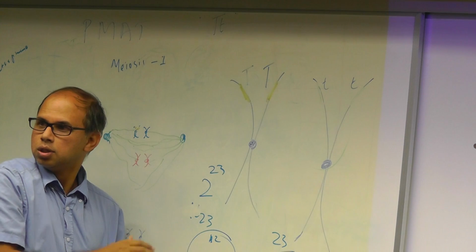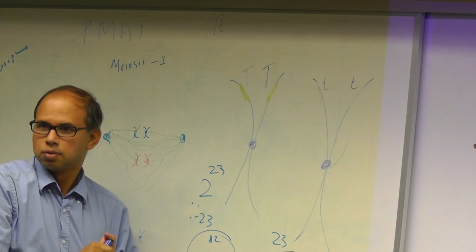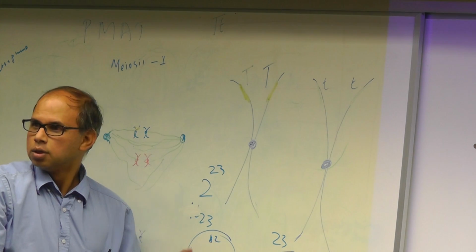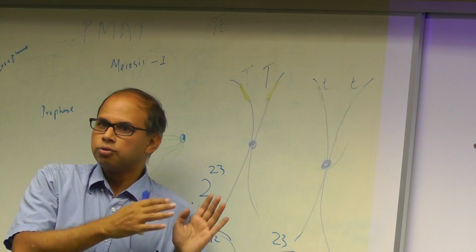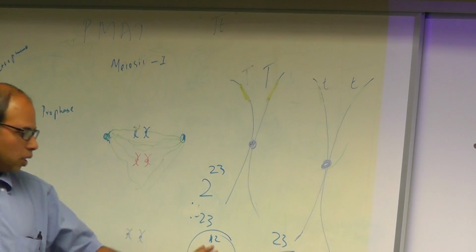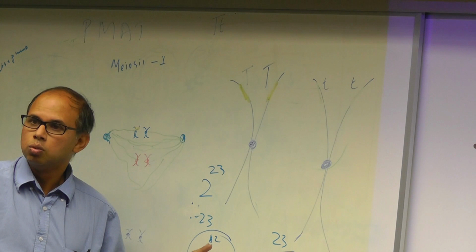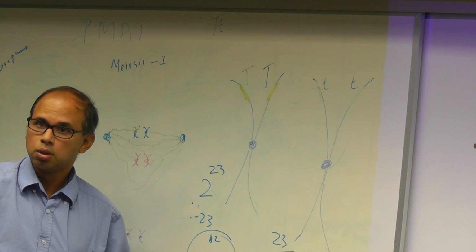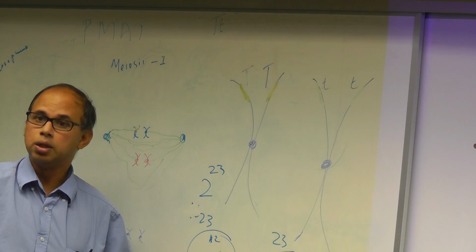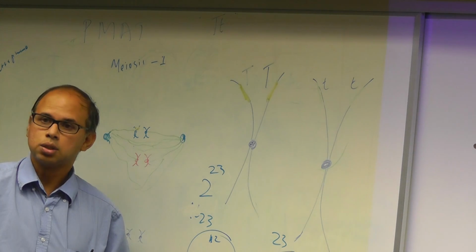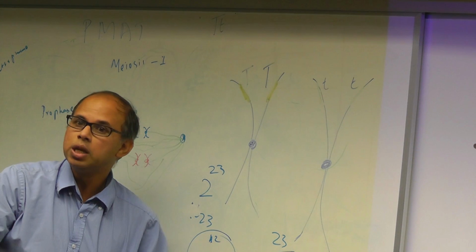So just by the process of segregation, there are 2 to the power 23, which is a rather large number. It's about 8 million different combinations that can be formed.